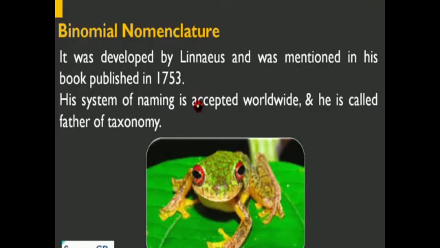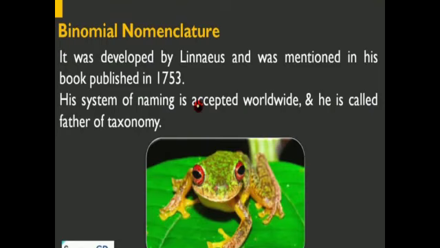Binomial nomenclature was developed by Linnaeus and was mentioned in his book published in 1753. The system of scientific naming we use today was introduced by Carolus Linnaeus, a scientist of the 18th century. The scientific name of an organism is the result of the process of classification, which puts it along with the organisms it is most related to.